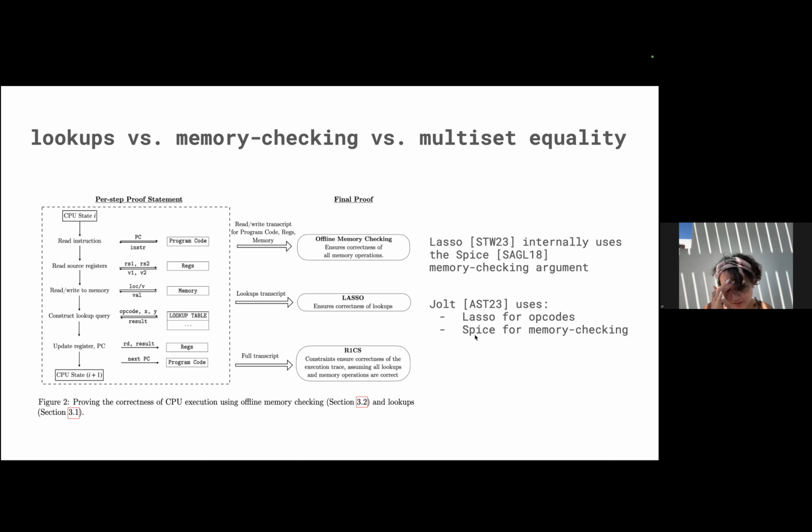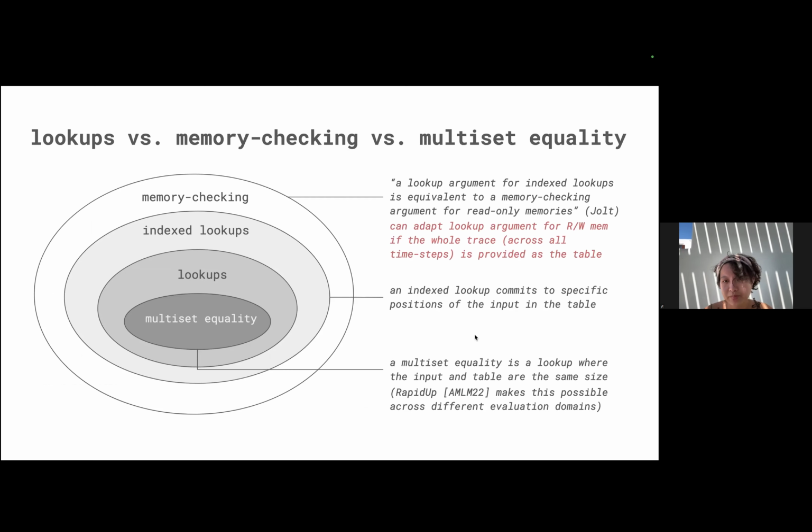So if the question was about this comment here, about how a lookup argument for index lookups is equivalent to memcheck for read-only memories, the way to understand this comment is that a read-only memory does not require the ability to update the memory.